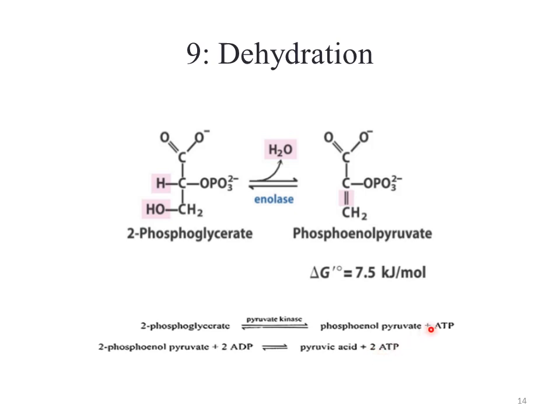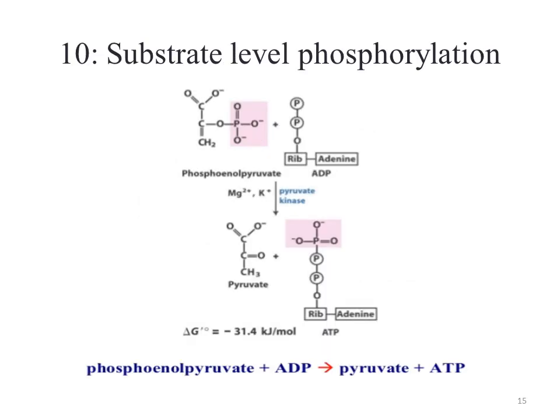So the total product is 3 ATPs, and 1 ATP was produced in the previous step.